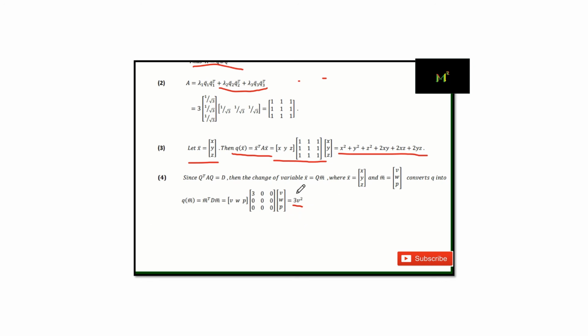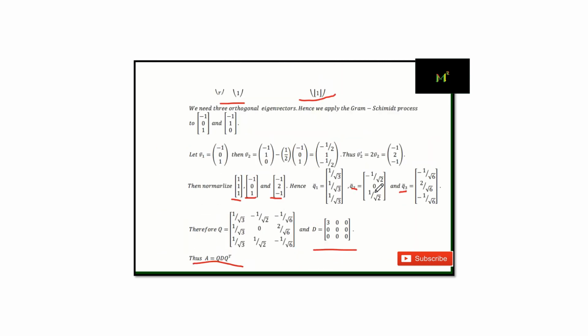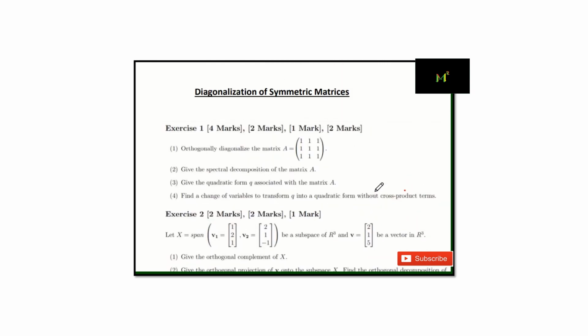This thing that we got here is equivalent to this over there. The only difference now is that this one does not have cross product terms. You just have a straightforward term. So that will be all in terms of answering exercise 1.